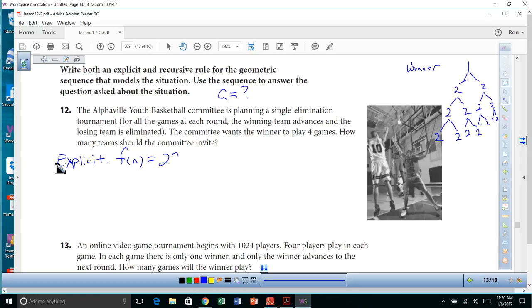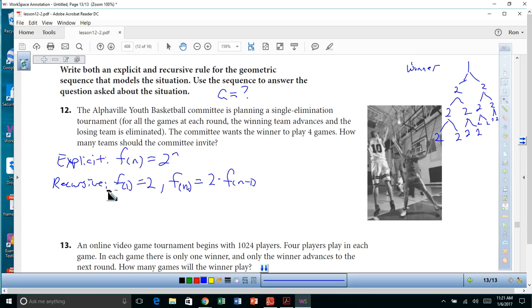Let's see here. Recursive. F of n. Well, let's see. F of 1 would equal 2, and then F of n would equal 2 times F of n minus 1.